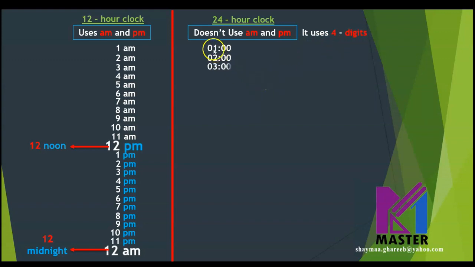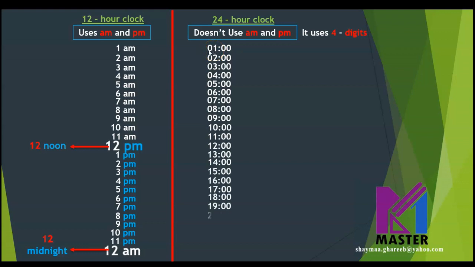Let's see, for example, 1 o'clock in the morning, or 1 o'clock after midnight, as we said, it will be written as 01 and the number of minutes is 00. 2 o'clock, which means 2 a.m., which means 2 after midnight, we write it as 02 and the number of minutes 00.